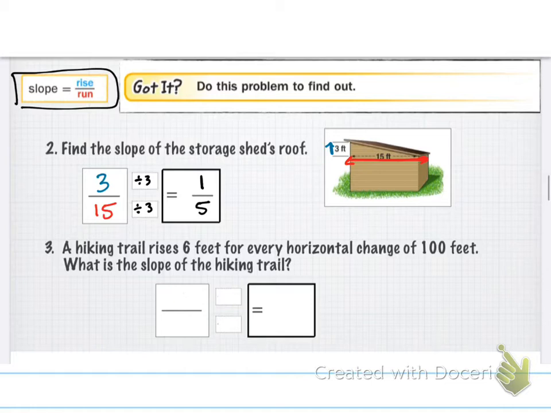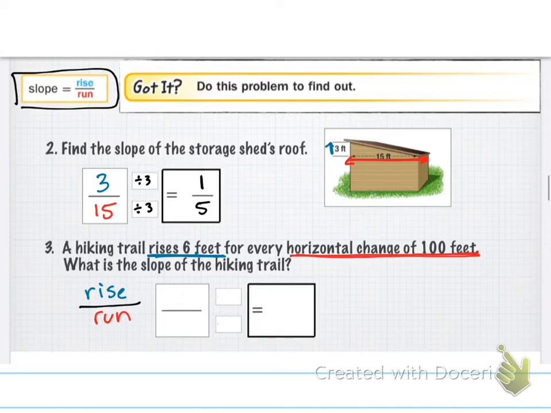Okay, let's look at this next one. A hiking trail rises 6 feet for every horizontal change of 100 feet. What is the slope of the hiking trail? So here, remember, we have a rise over our run. And they told us our rise is going to be 6 feet for every horizontal change of 100 feet, right?